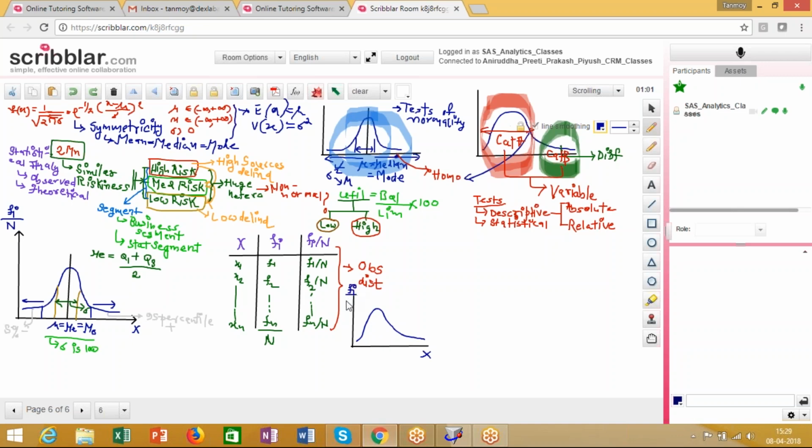Now why is this called the observed frequency distribution? This is called the observed distribution because it is obtained from the observed values of the frequency distribution.